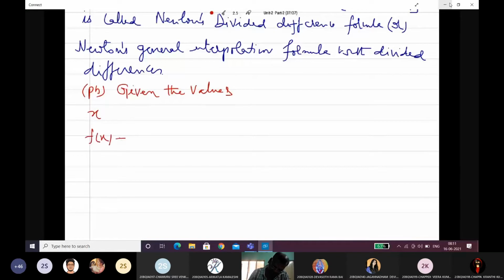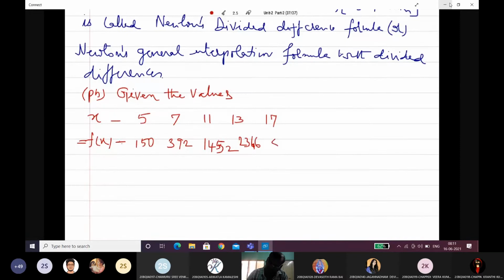The x values are 5, 7, 11, 13, 17, and the f of x values are 150, 392, 1452, 2366, and 5202.